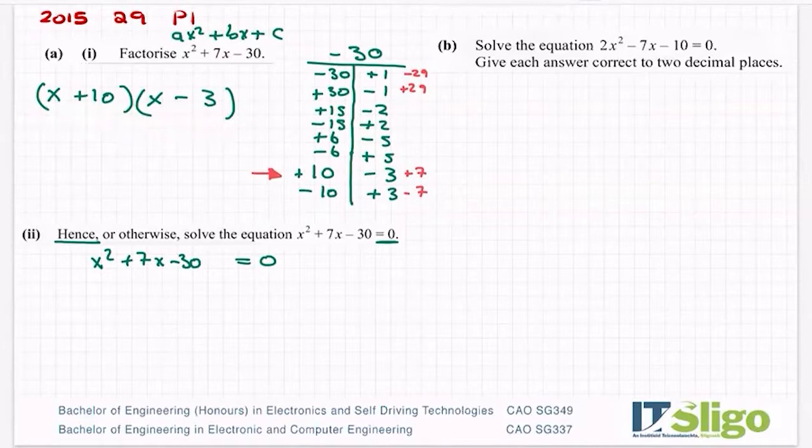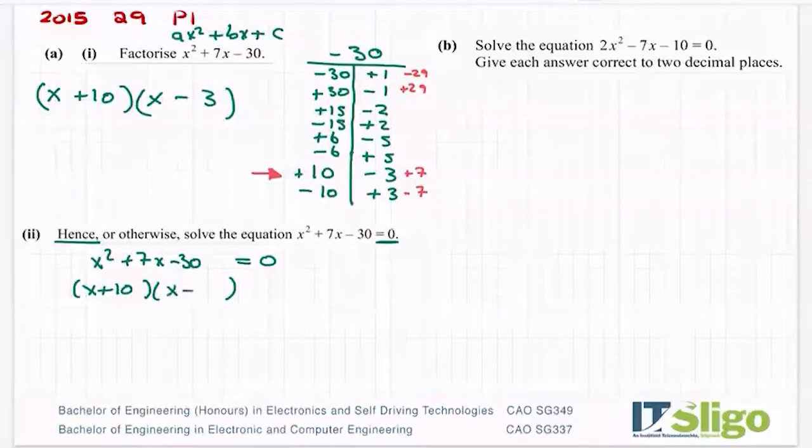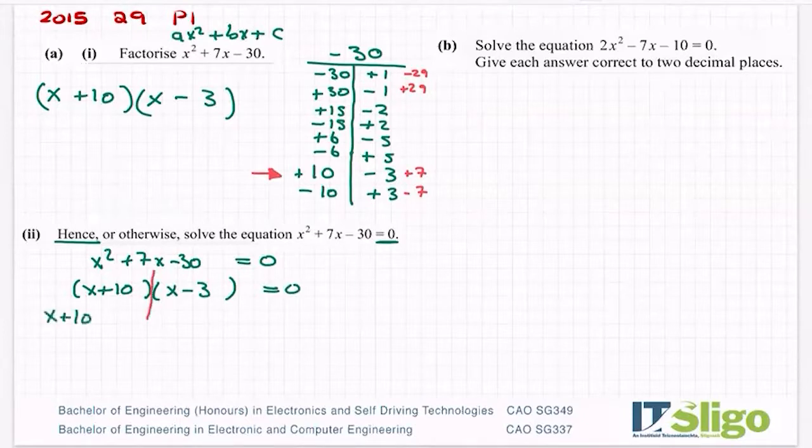Okay, so how would I do it using the hence in this case? Well, I write that as my factors, like that. Okay, and how you solve then is you split the factors. So we let each bracket equal to that 0 on the end. And you solve.